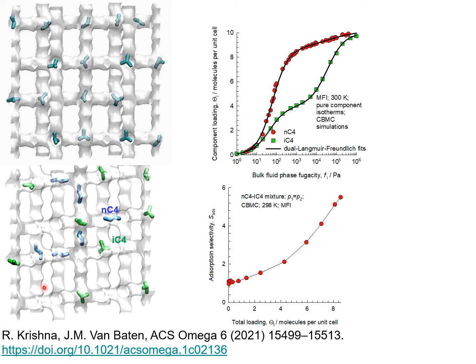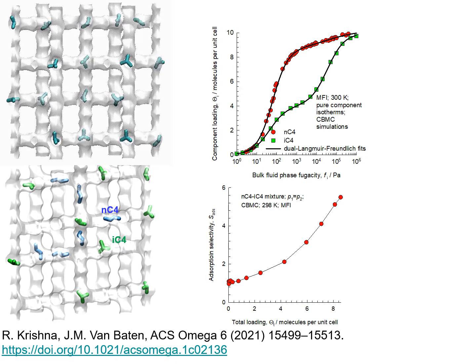For the industrially important separation of mixtures of normal butane and isobutane, we can exploit the differences in molecular configurations by using MFI zeolite.